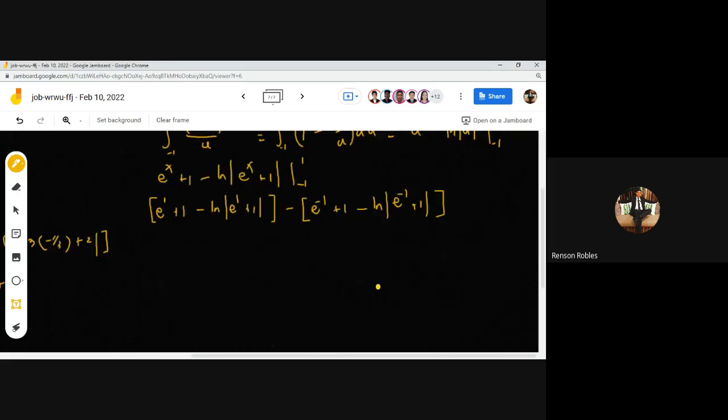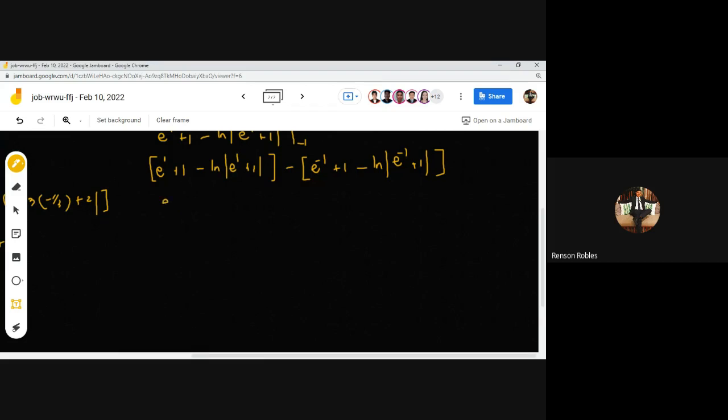And then to simplify, you have e plus 1 minus ln of e plus 1 minus, okay, let me just write it this way. Let me remove that grouping symbol. 1 over e, that's e to the -1, 1 over e. Then this is plus 1, so minus 1. This is minus, so plus ln.